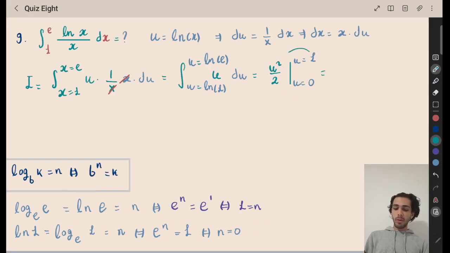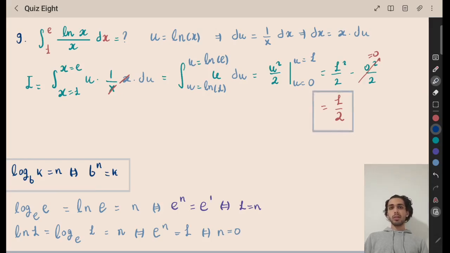Then it is very simple. One time I plug in 1, so I get 1 squared divided by 2, and then I take away 0 squared divided by 2. This is of course 0, and in the end I just get a half as my answer to the exercise. So the trick here is to only use substitution when there is a function whose derivative is in the expression.